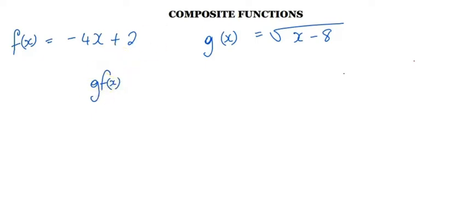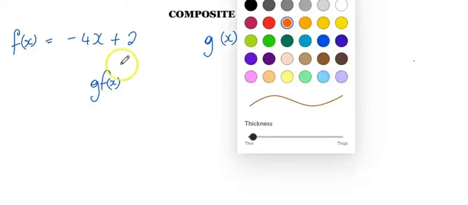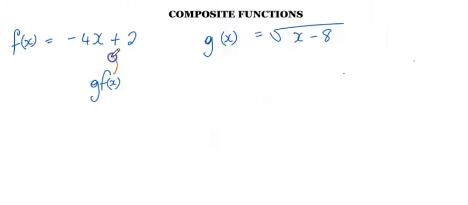So again, you are going to work from right to left. I'm going to substitute my f function in my g function. I'm just going to write out what my g function is, and that is square root of x minus 8. In my g function, I am going to replace the x with negative 4x plus 2.